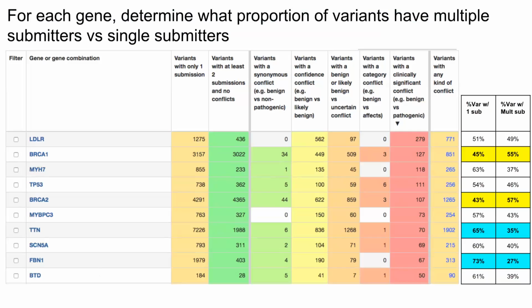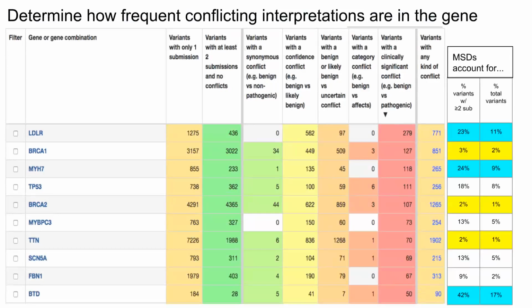So again, you can do interesting searches by looking at big picture information about genes in tables like this. Additionally, you could do a breakdown of how common medically significant differences are within any of these genes.